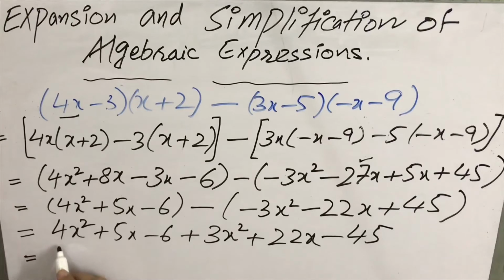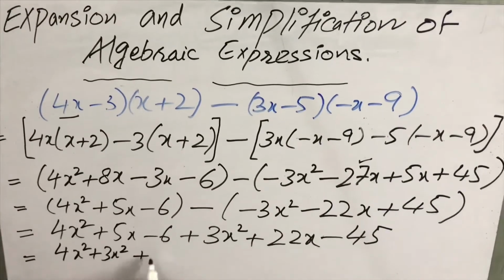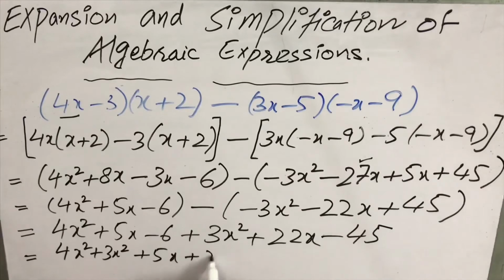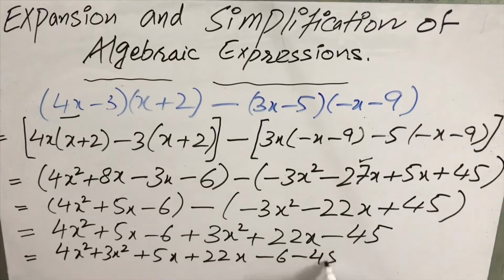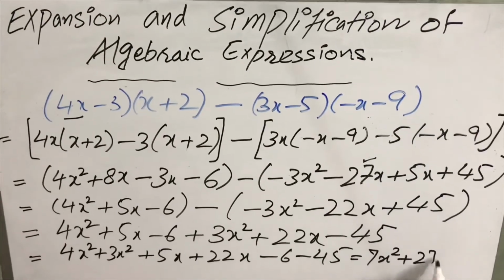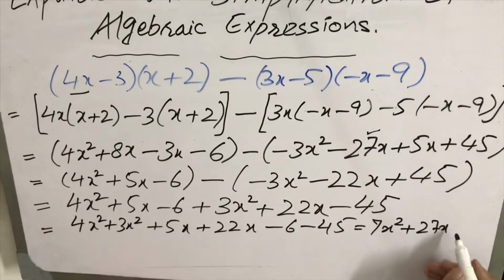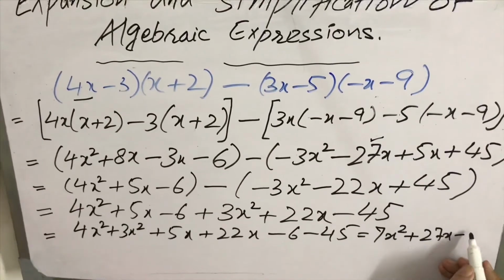After expansion, we have to arrange and simplify. 4x square plus 3x square arranged, 5x and 22x arranged, 6 and 45. 4 and 3 is 7x square, 22 and 5 is 27x, and minus 45 and 6 is minus 51.